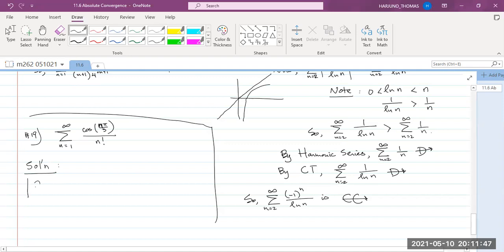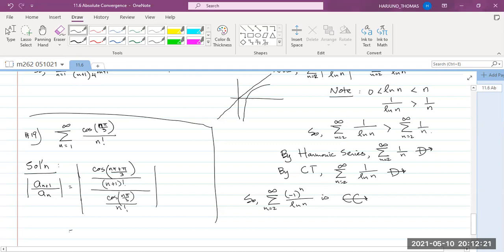Okay, the absolute value of the n plus first term over the nth term will be, in the numerator, cosine of n pi plus pi over 3 over n plus 1 factorial, divided by cosine n pi over 3 over n factorial.